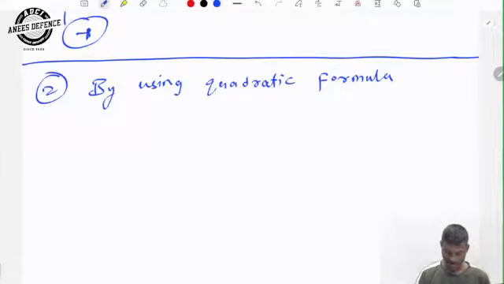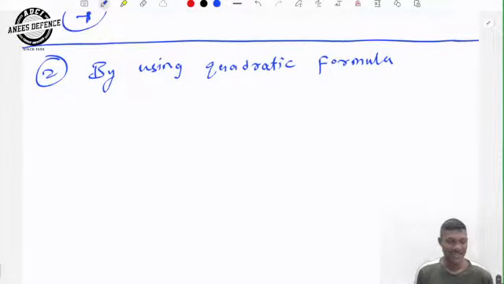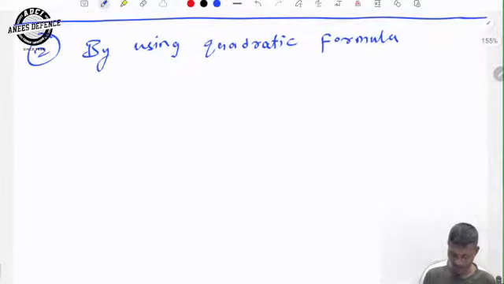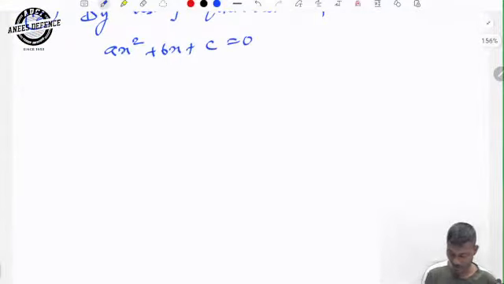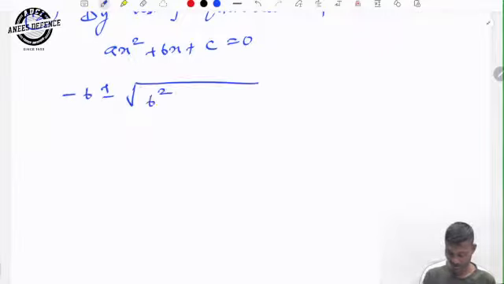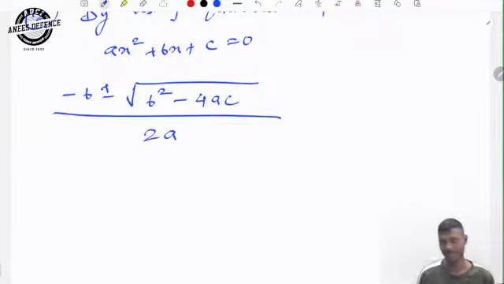First I will tell you the quadratic formula, that is, if we have an equation ax square plus bx plus c is equal to 0, then to find the roots we have the formula, that is minus b plus minus under root b square minus 4ac divided by 2a.